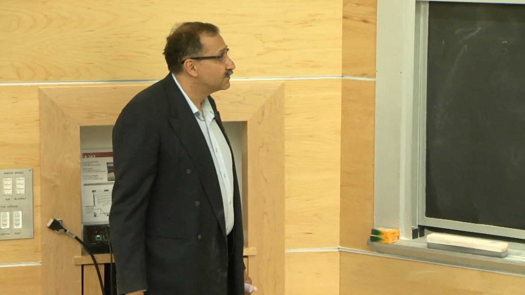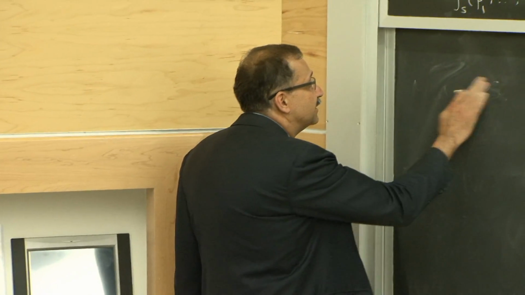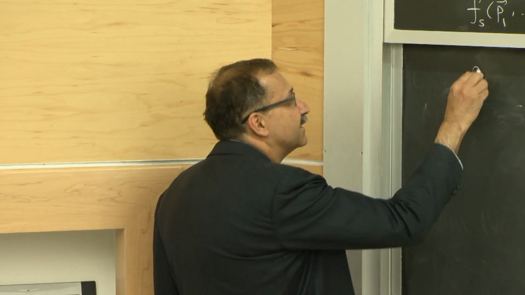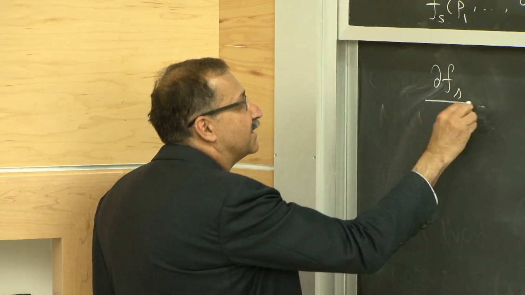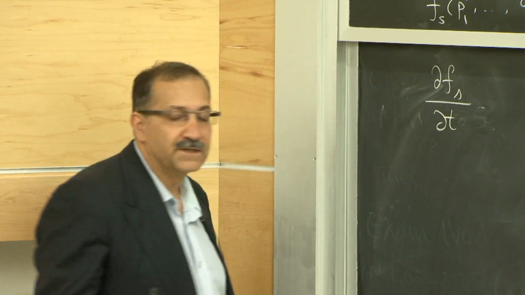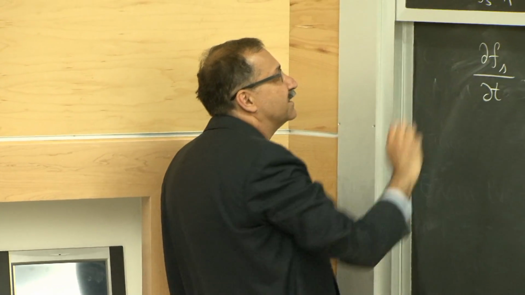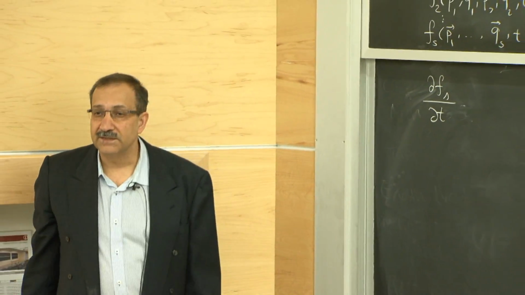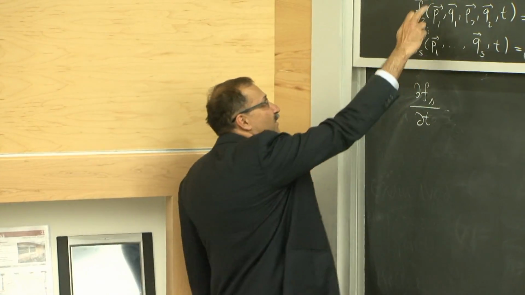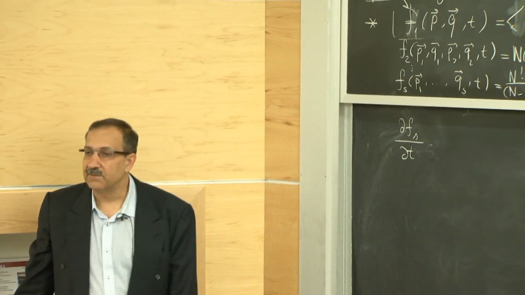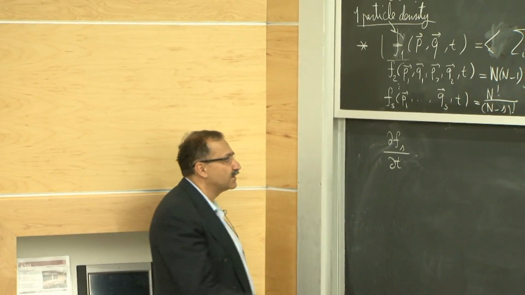So how do I calculate this? Well, what I would need to do is to look at the time variation of Fs with t to calculate the time dependence of any one of these quantities. Ultimately, I want to have an equation for dF1 by dt, but let's write the general one.